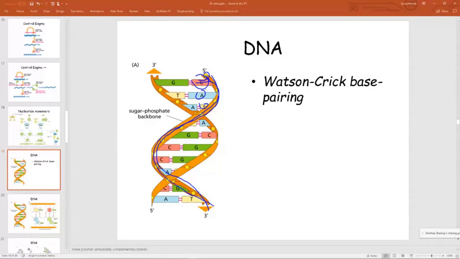And they form a double helix based on hydrogen bonding patterns. Okay? So as a rule, a C makes hydrogen bonds with a G, 3 hydrogen bonds, which means it's stronger than A with a T, which only makes 2 hydrogen bonds.